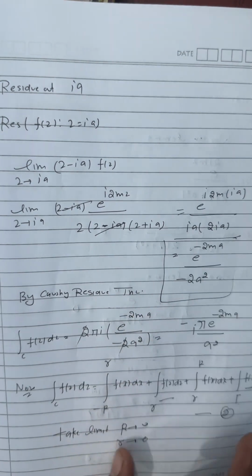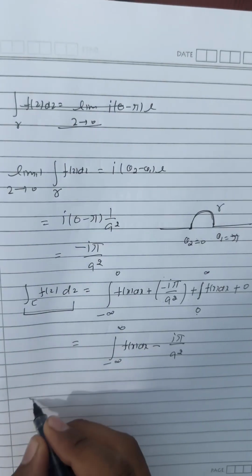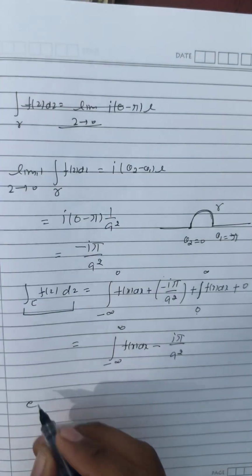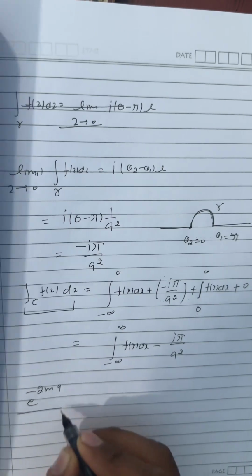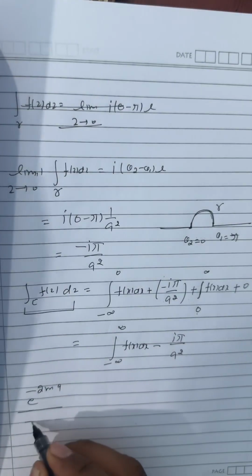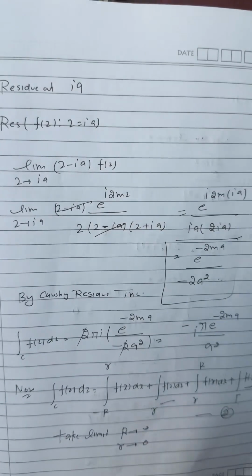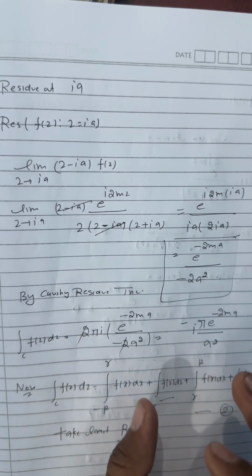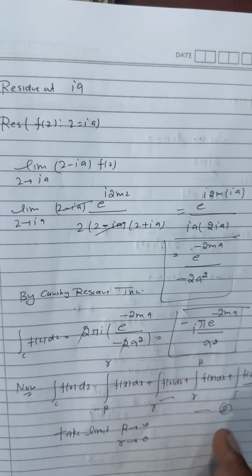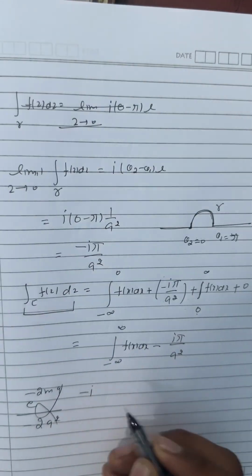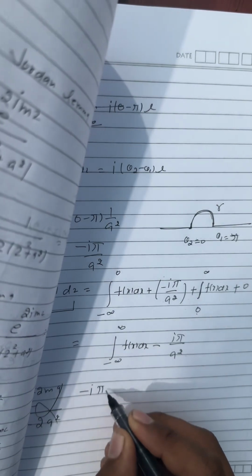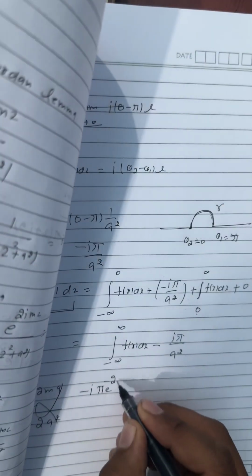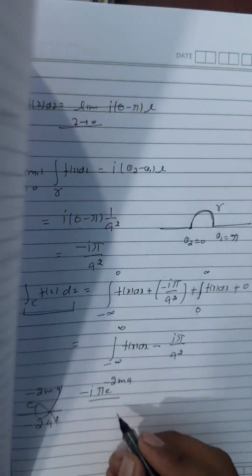So put this value here, that is minus 2ma... sorry, we plugged in the wrong value. This is the value, not that: minus iota pi e raised to power minus 2ma over a square.